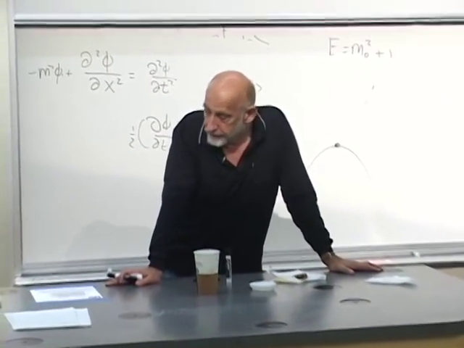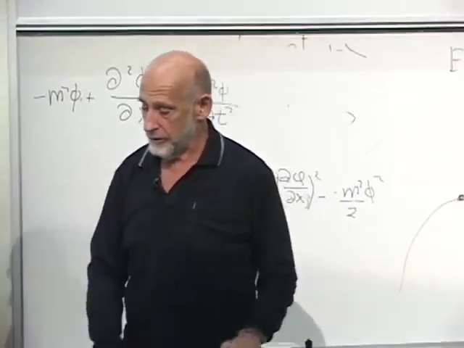Okay, let's move on. I think I mentioned this last time, but I'll tell you anyway. The basic process of interaction that takes place. So far, we're talking about free strings.